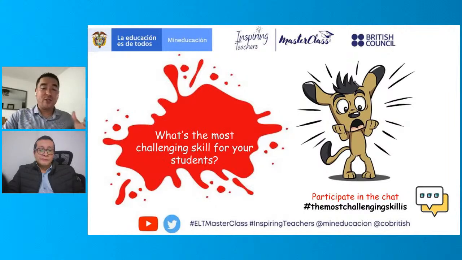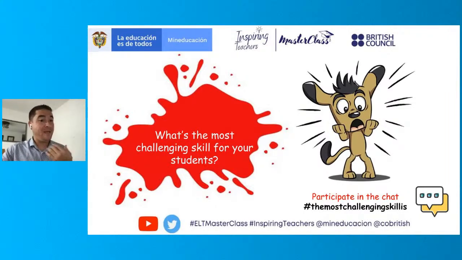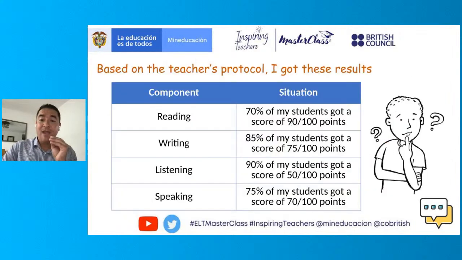And I'm asking you this question about the most difficult skill, the most challenging skill, because John, Martin, Rocio, and teachers, I took one of the tests from Eco Universe. I administered the test, and based on the teacher's protocol, I analyzed the results. And this is what I found. Look, in reading, 70% of my students got 90 points out of 100.